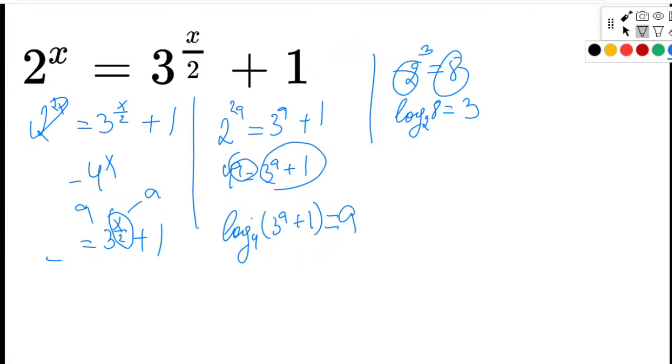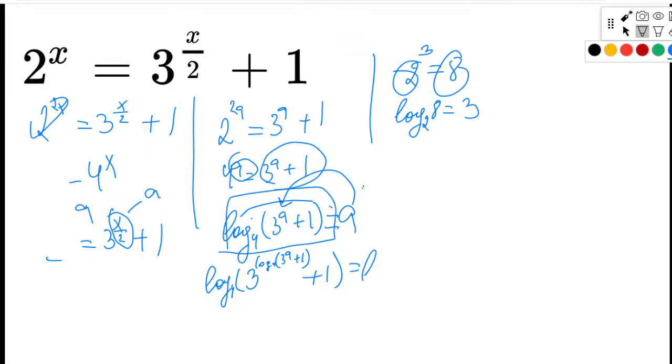And now we have written that this is the a. So let's take log base 4 of 3 to the power of all of this: log 4 of 3^(a+1) equals a log 4 of 3^(a+1).